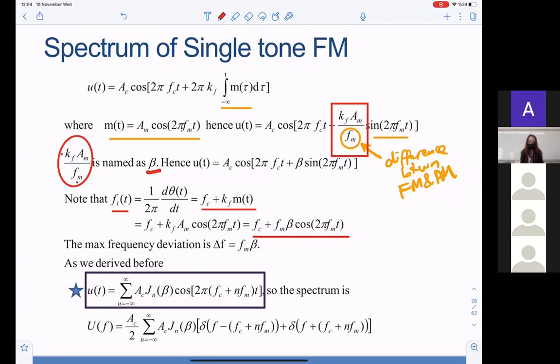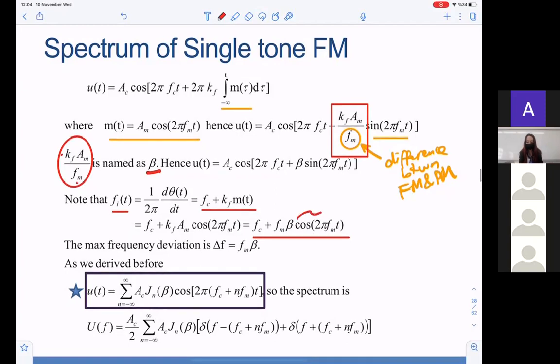The maximum frequency deviation occurs when the cosine reaches its peak of 1. So the maximum frequency deviation is FM times beta.